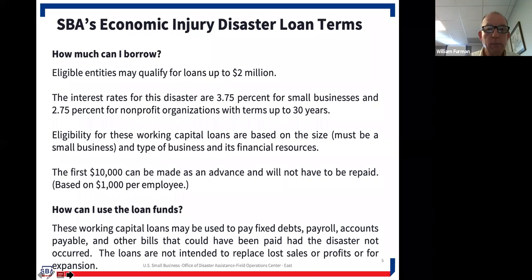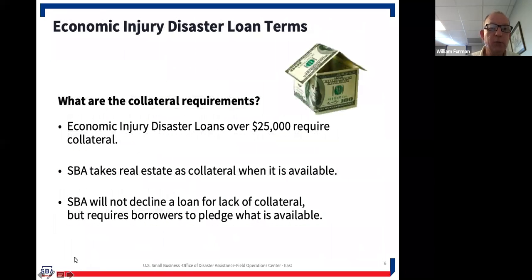Okay, let's go to the next slide. This would be titled Economic Injury Disaster Loan Terms. What are the collateral requirements? Now, typically, the disaster loan would require collateral for anything over $25,000. From what I've seen, the Office of Disaster Assistance is waiving this collateral requirement.